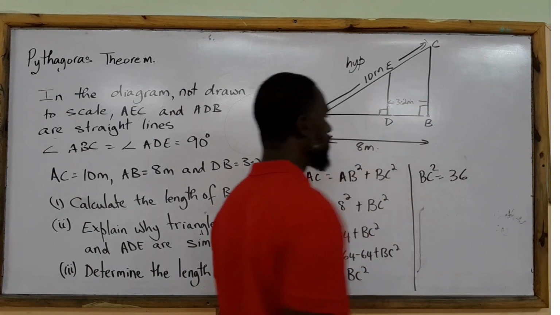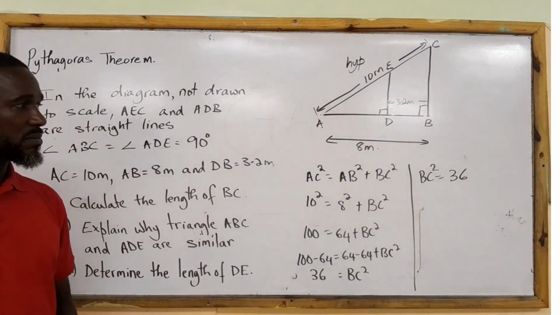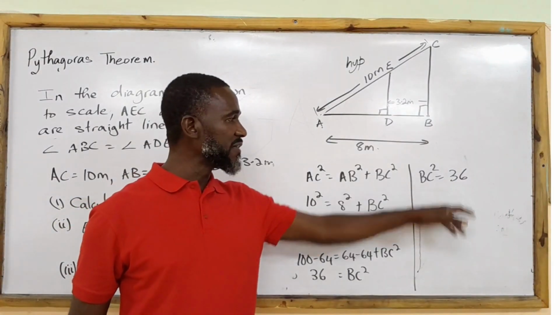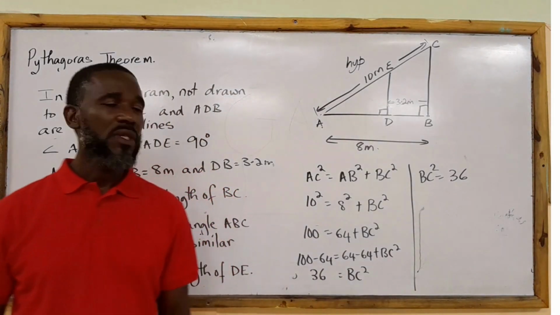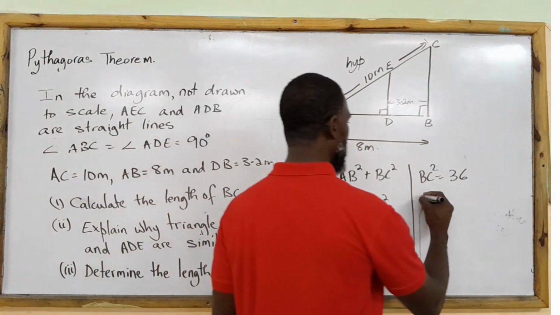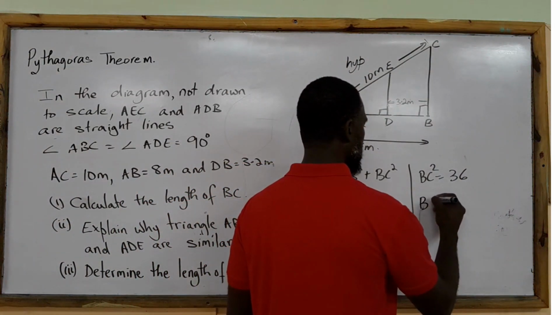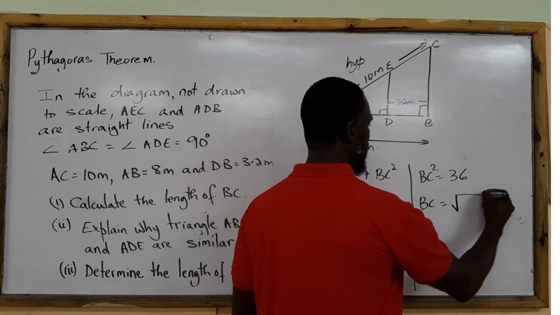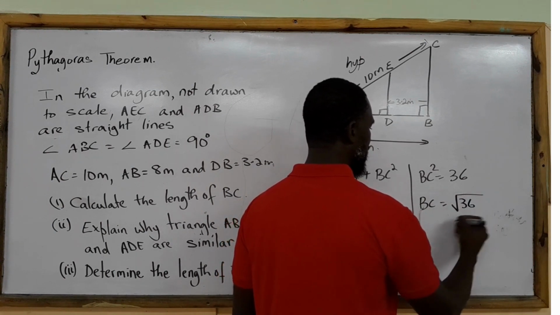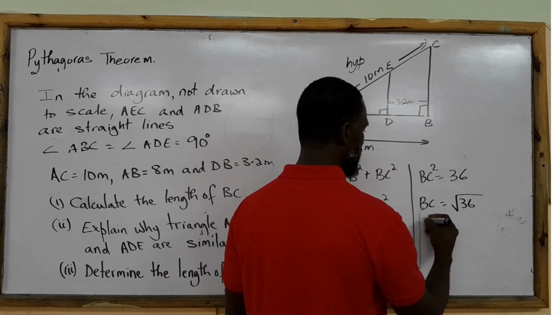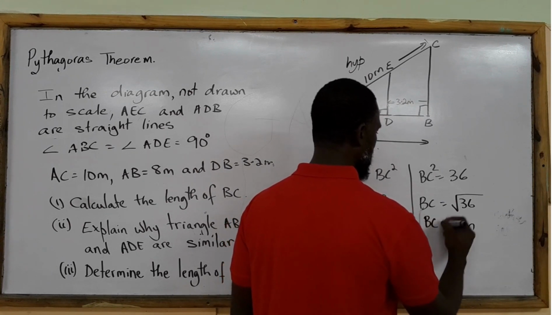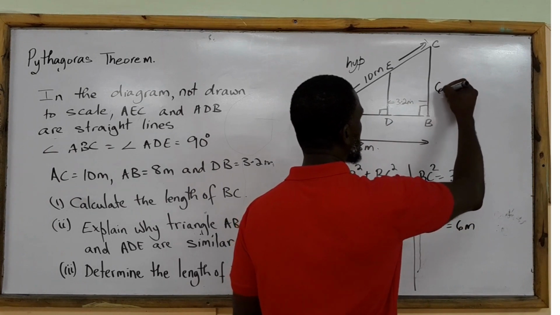By now, we must know what number multiplied by itself gives you 36? 6, right? So basically, we want to find the square root of 36. The square root of 36 in this case is equal to 6. So BC is equal to 6 meters.